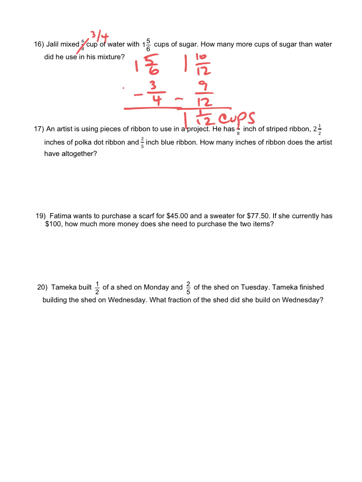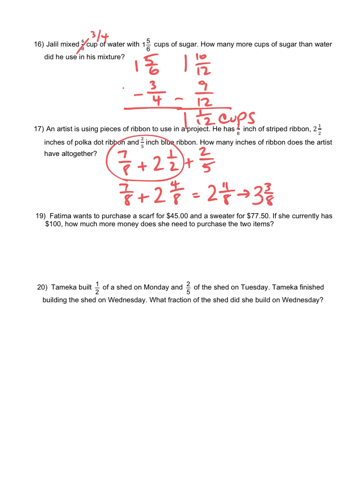Okay, I need to know how much we have all together, so I have to add 7/8, 2 1/2, and 2/5. So I'm going to focus on these two first. 7/8 plus 2 4/8. I'm going to get 2 11/8, and I'm going to clean that up. That's 3 3/8.